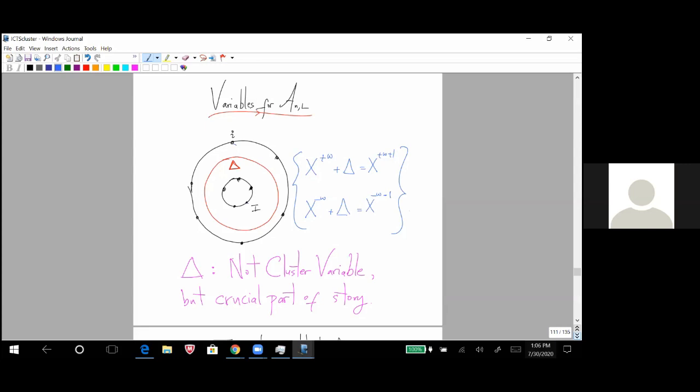We're going to include this loop, and this loop, as we said already, is not a cluster variable, but it's going to be a crucial part of the story. And just as in our previous examples, it has the property that for positive winding x's and for negative winding x's, it's delta that increases the winding. So delta gives me more positive winding, and delta also gives me more negative winding, by this simple formula.